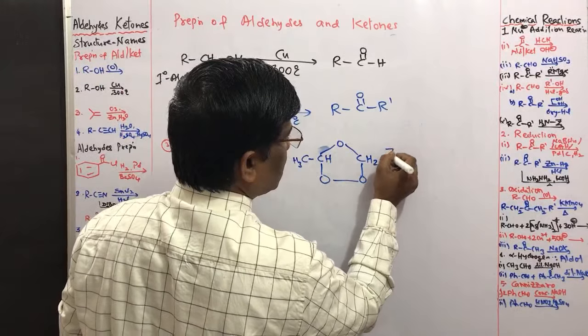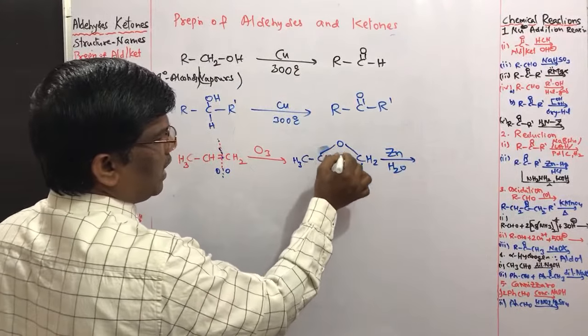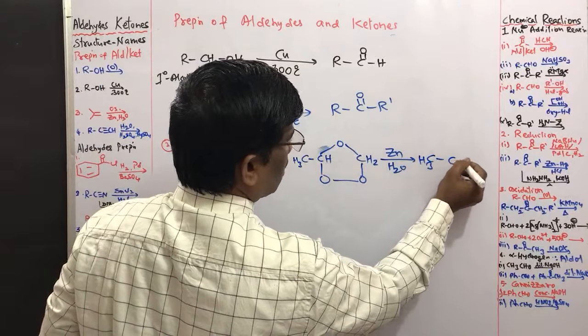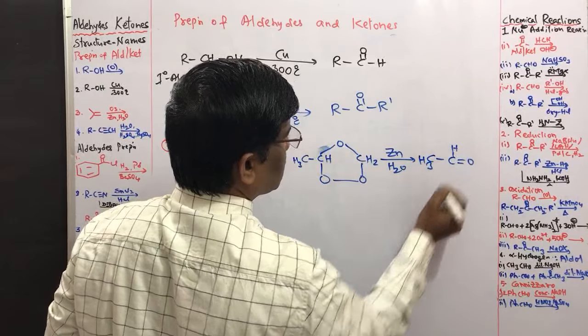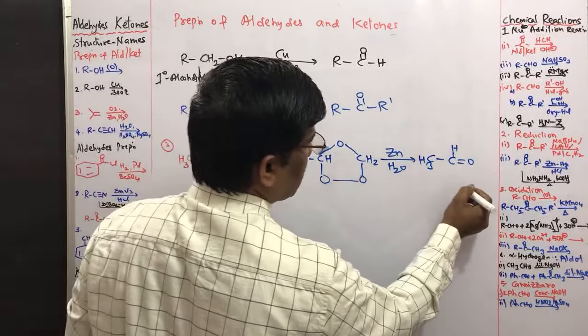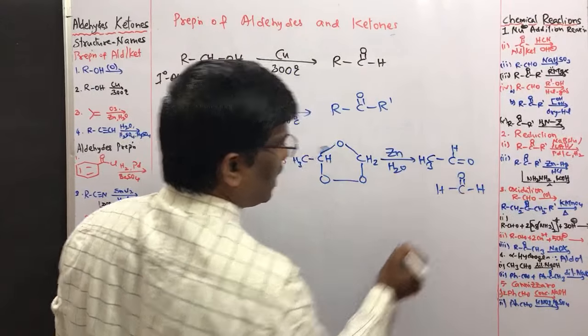When we treat it with zinc and water, it is going to give carbonyl compounds. This is acetaldehyde when I take propene, and this side it is formaldehyde.